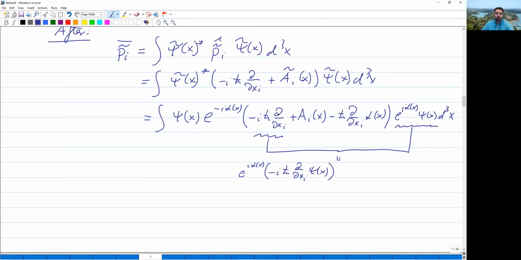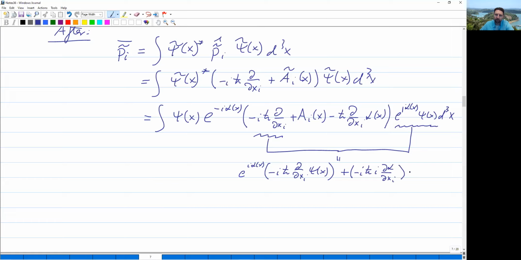That's one of the two terms that we get, right? This is the term that arises when the derivative acts on the psi rather than on the phase function. But it can also act on that phase function. And what does it do? Well, we have a minus i h bar times this. Well, here we get down a factor of i times the derivative of alpha. So we have minus i h bar, and then we have i times d alpha by dxi.